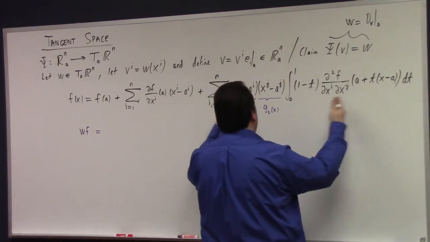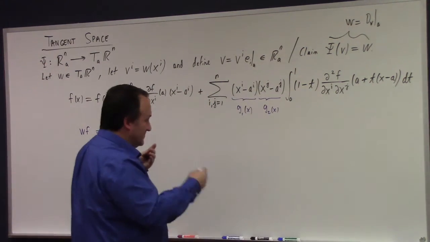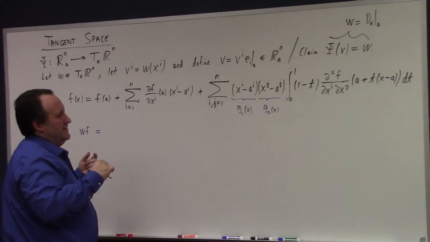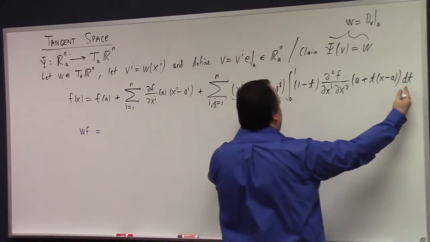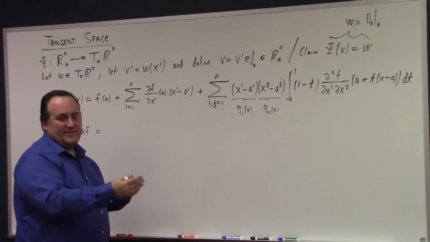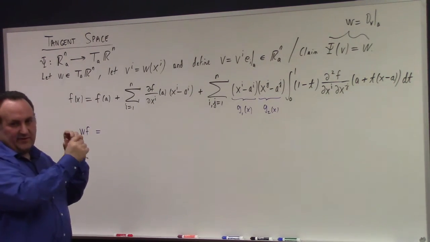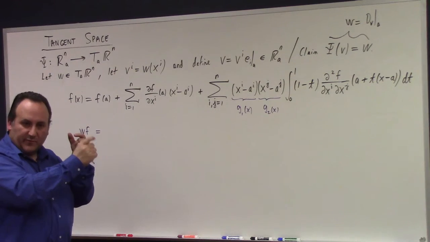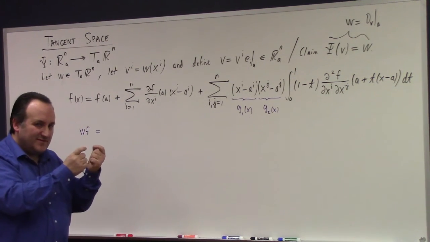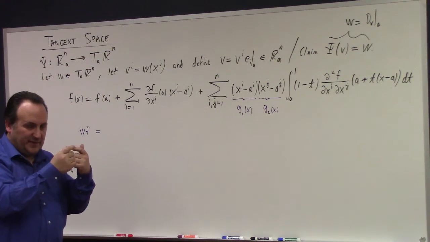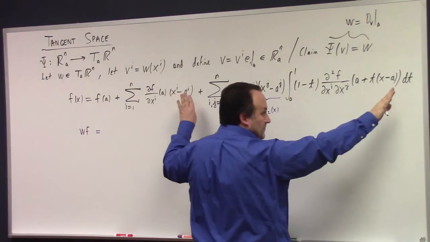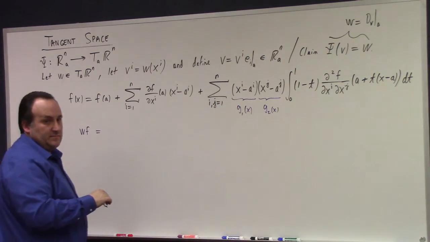Maybe I should include all of this, you can lump all of this into the function as well. The point is, if you let w hit that, every time you've got a product of two things that both are 0, and they're both by assumption smooth. Long story short, this piece is 0 when w hits it.